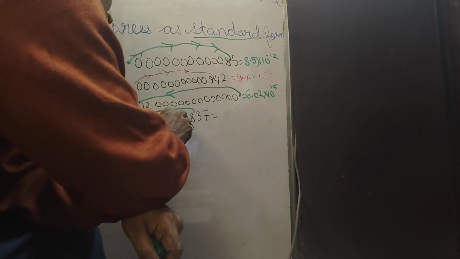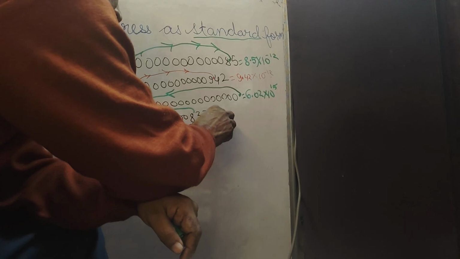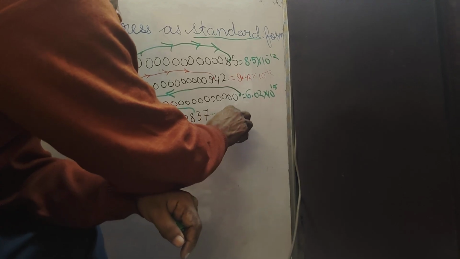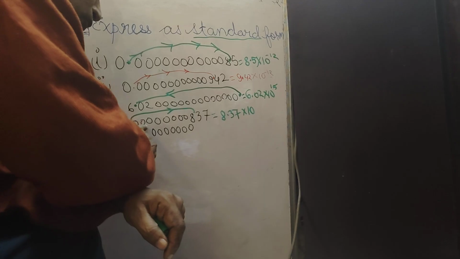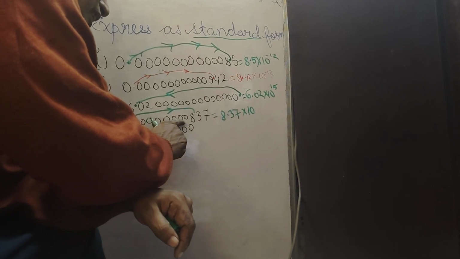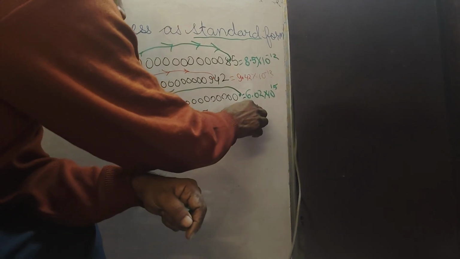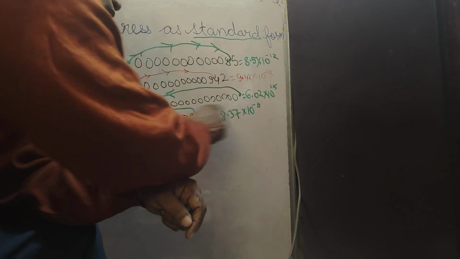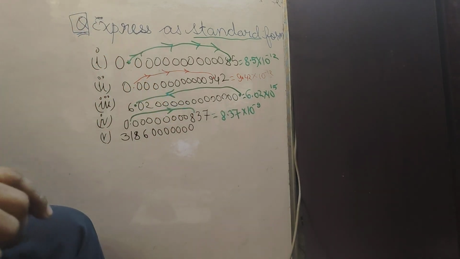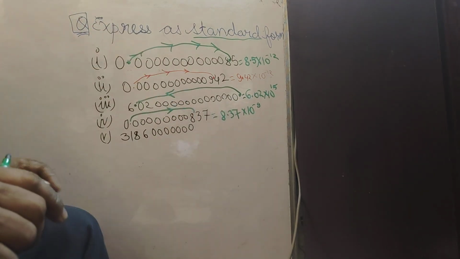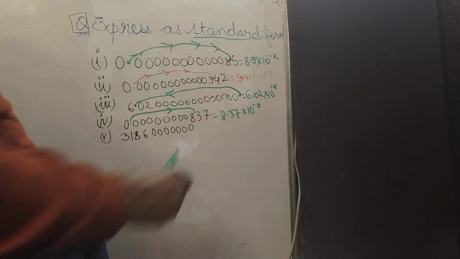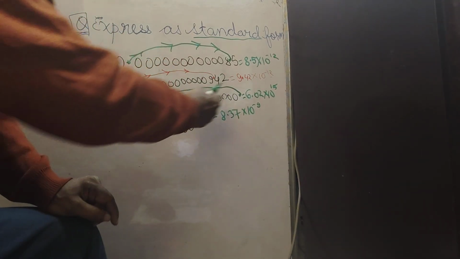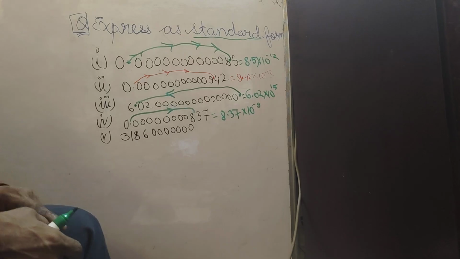So we write 8.37 times 10 raised to the power 1, 2, 3, 4, 5, 6, 7, 8, 9. So we write negative 9 because we are shifting toward the right side. So if we are shifting the decimal toward the right side, we write a negative exponent. If we shift the decimal toward the left side, we write a positive exponent.